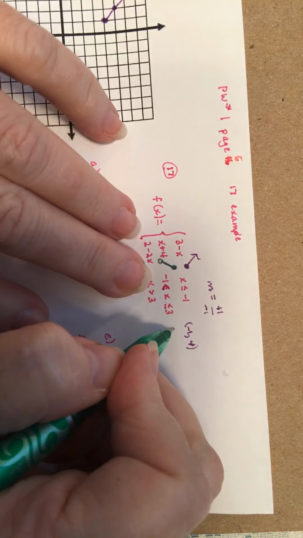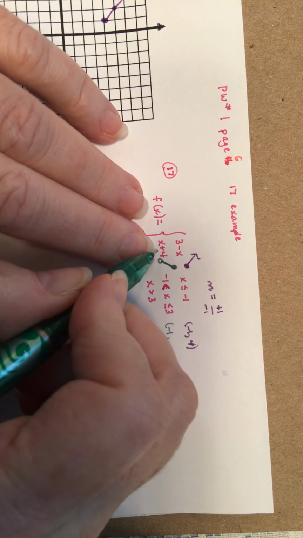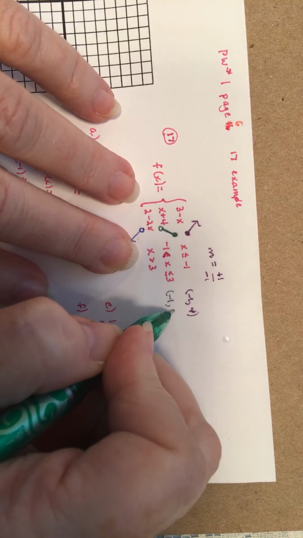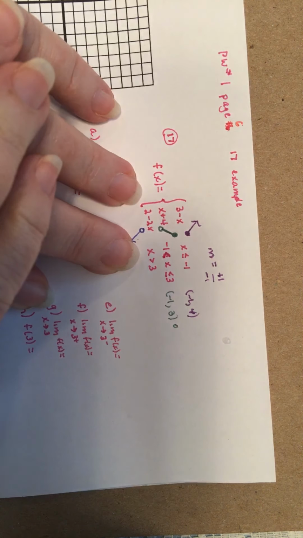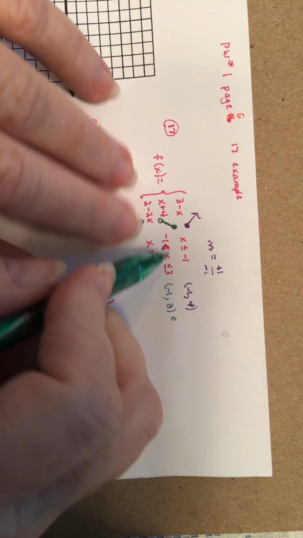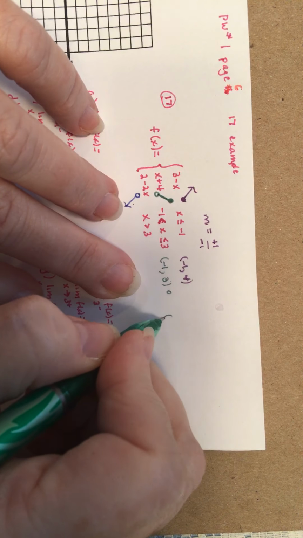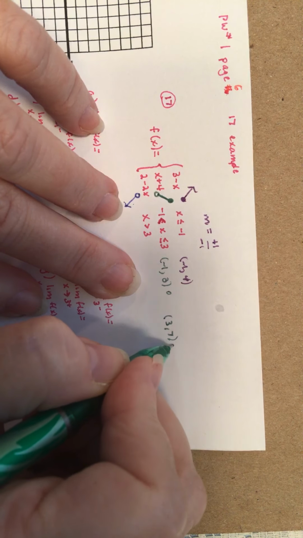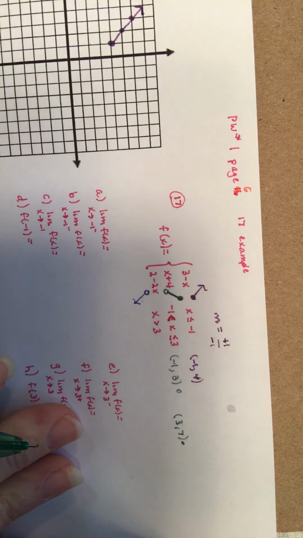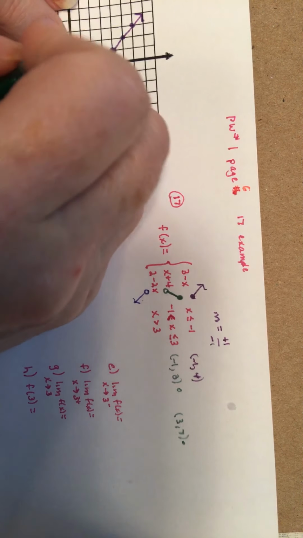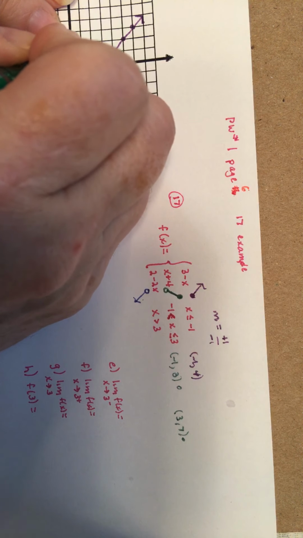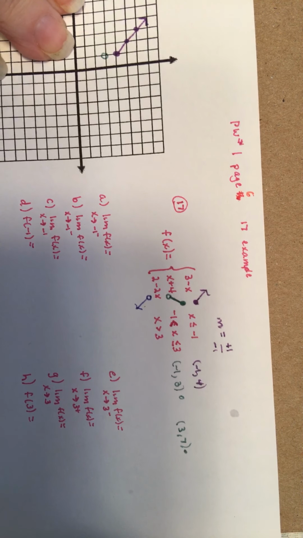Now I'm ready for the one in the middle. When I insert -1 plus 3, I get 3, but I don't want that ordered pair. I insert 3, and 3 plus 4 gives me 7, and I want to close that one. So I find -1, 3, and that's an open circle.